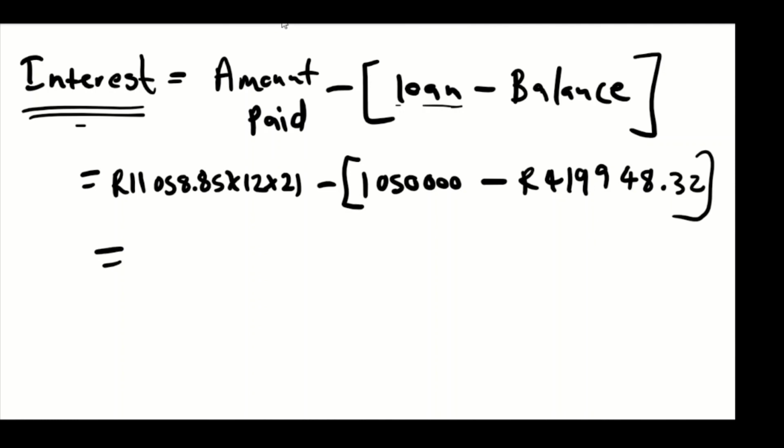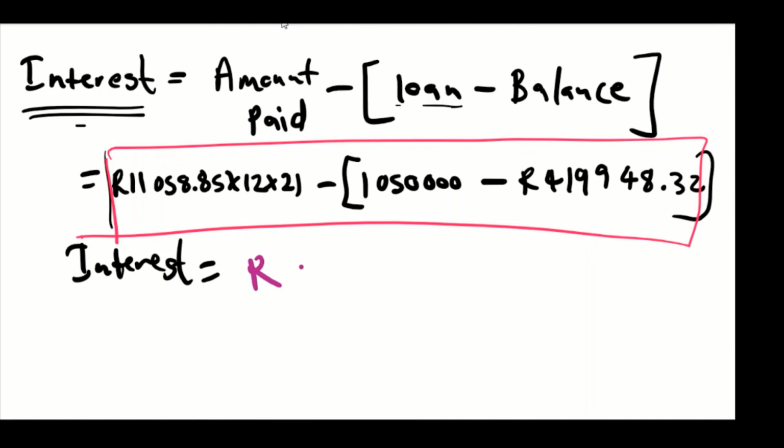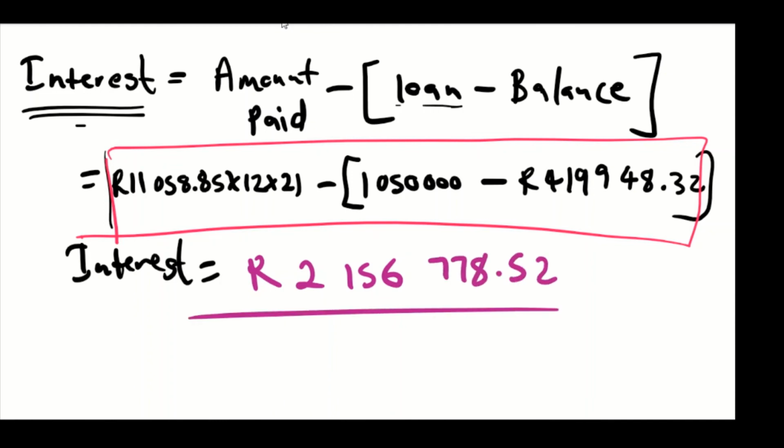So the interest will be equal to, let me just punch everything in the calculator, just to avoid poor rounding off and all of that. So the interest made would be this amount here, 2,156,778.52. So that is the interest made in this problem here.